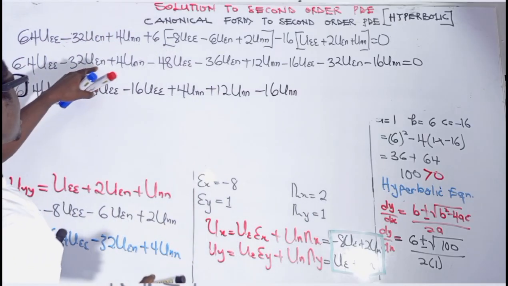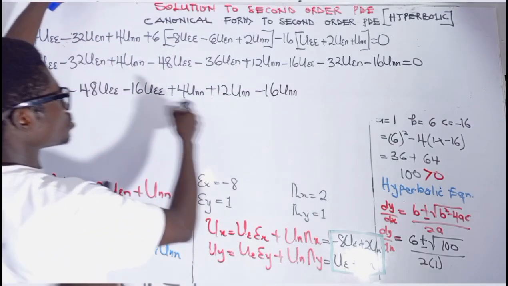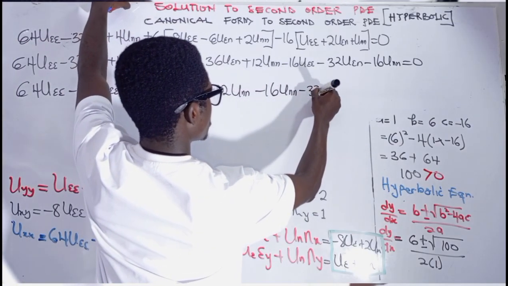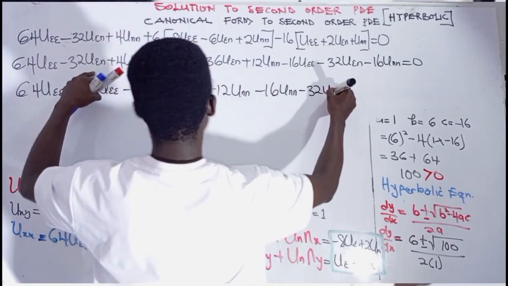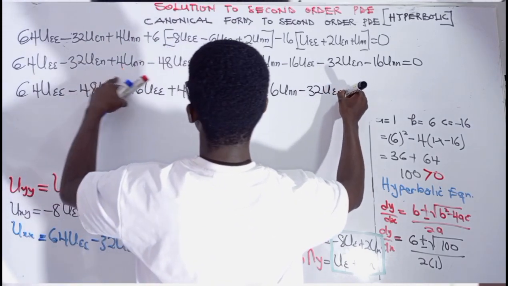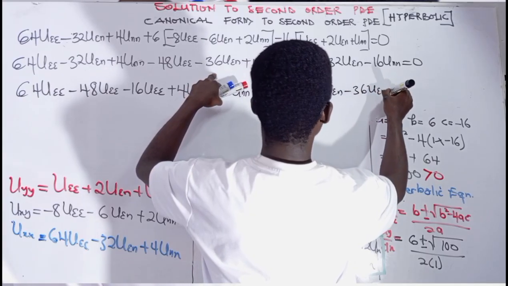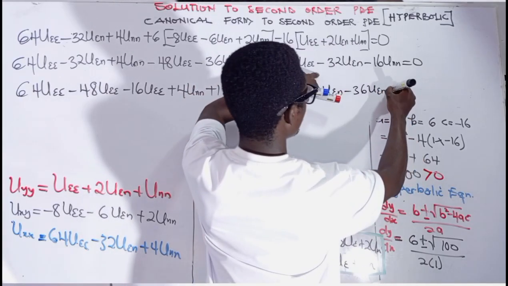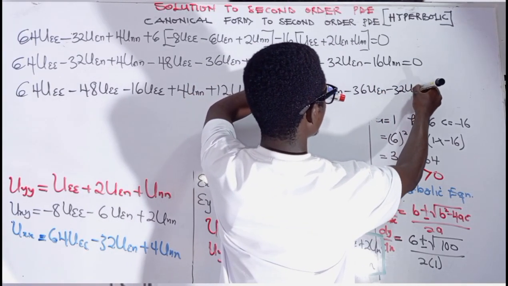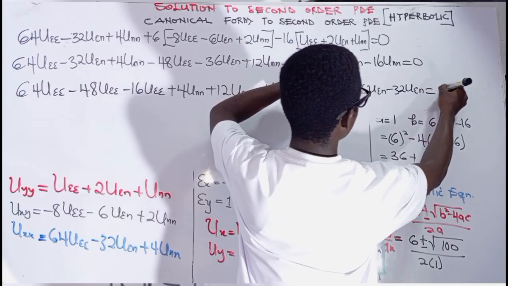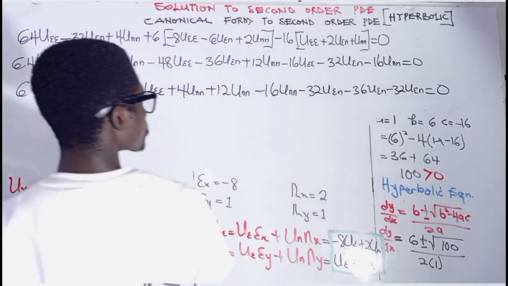Then move on to the xi eta. We have minus 32 u xi eta, then minus 36 u xi eta, then minus 32 u xi eta. All of this is equal to 0.